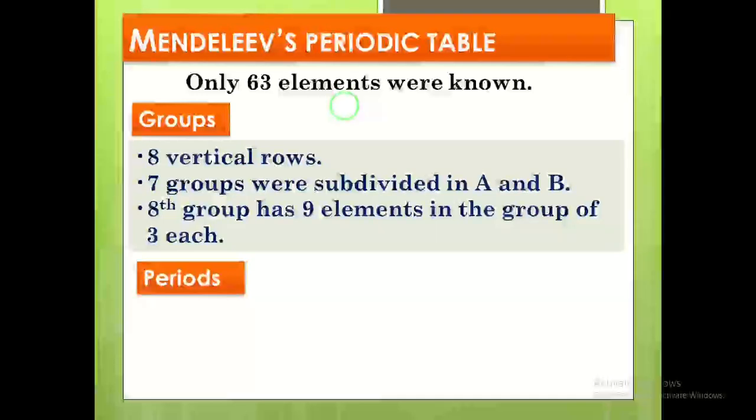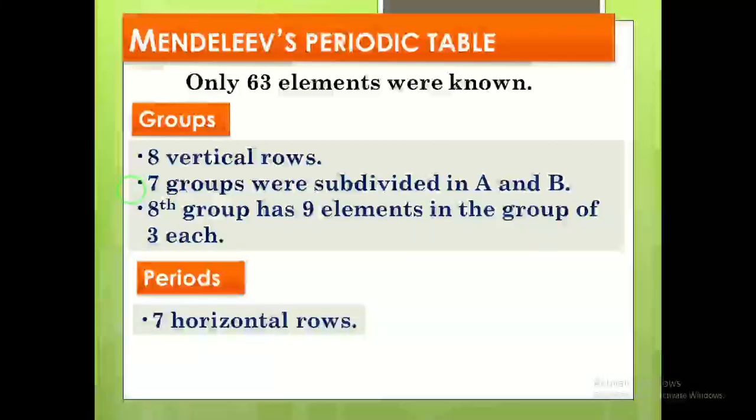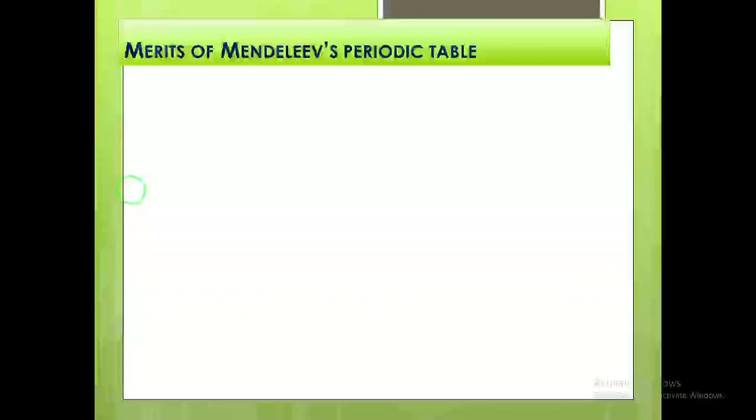The groups are the vertical columns, and there were 8 groups. The 7 groups were subdivided into A and B. The 8th group had 9 elements, in sets of 3, and the periods had 7 horizontal rows. That was the initial periodic table developed using the periodic law.